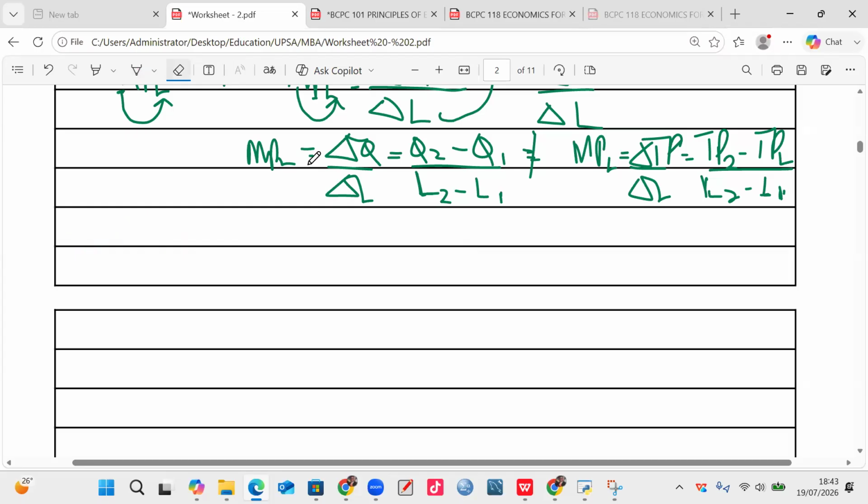So capital, K. Labor, L. Output, Q. What's next?